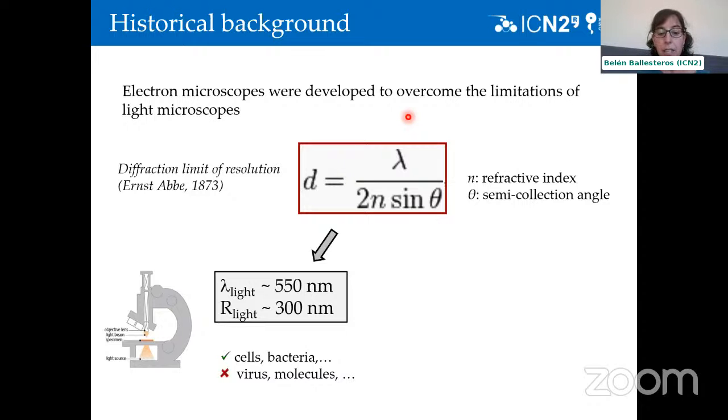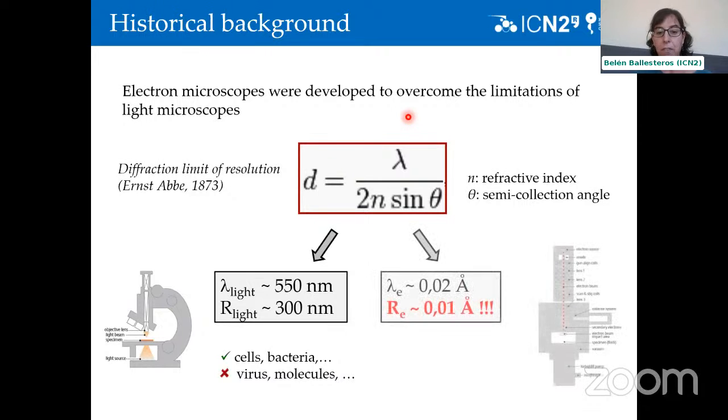This is enough to study cells and bacteria, but it doesn't allow you to discern smaller things like viruses or molecules. If you use electrons instead of light, which have a much smaller wavelength, the theoretical resolution is far below the angstrom level.